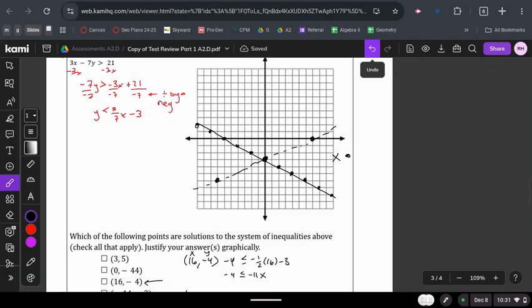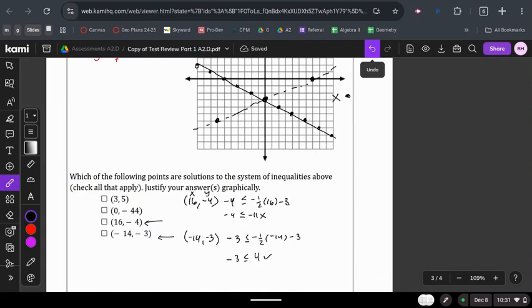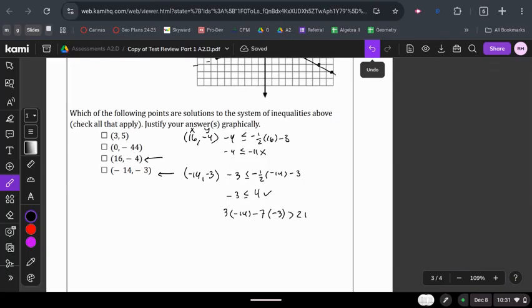So I'm looking at the second one now, 3x minus 7y is greater than 21. So is 3 times -14 minus 7 times -3 greater than 21? Well, let's see, this will be -42 plus 21, which is -21, and that is for sure not true.